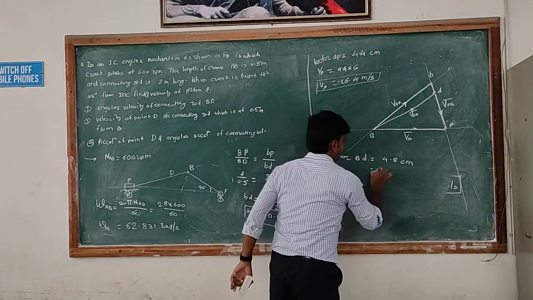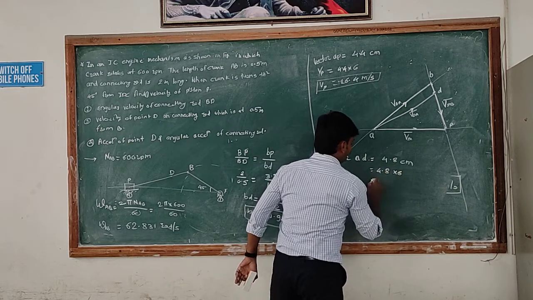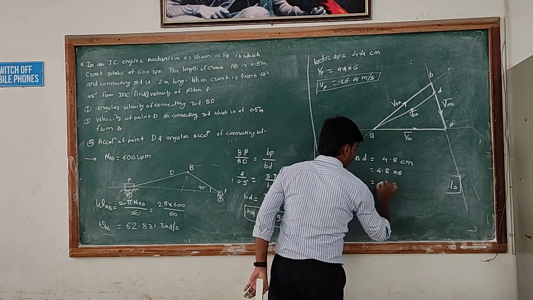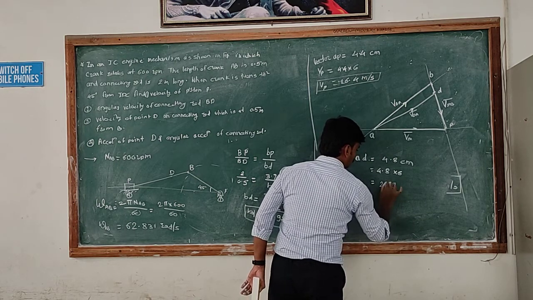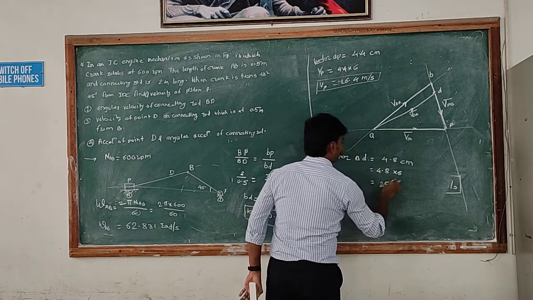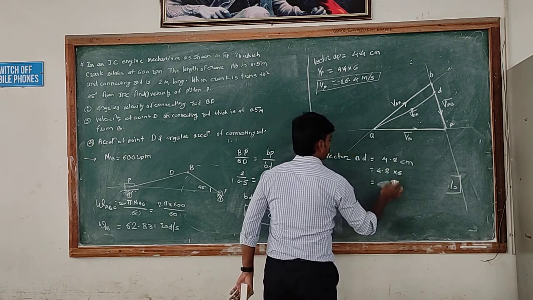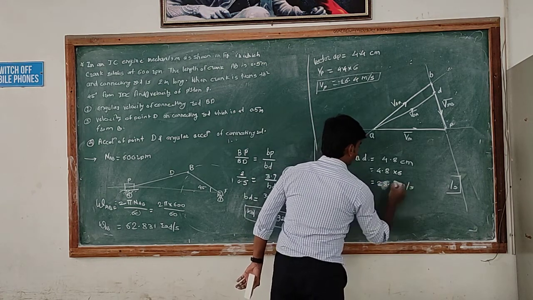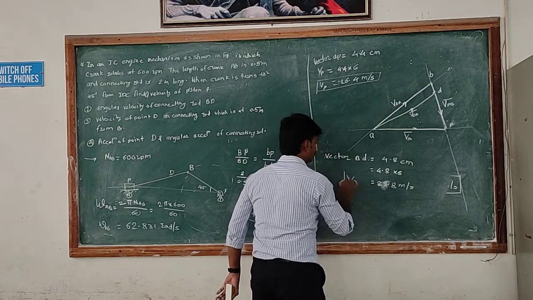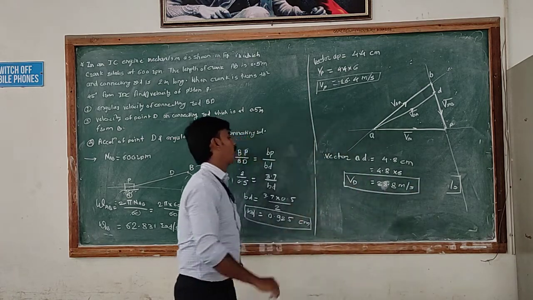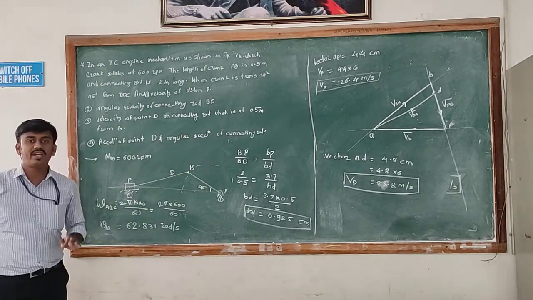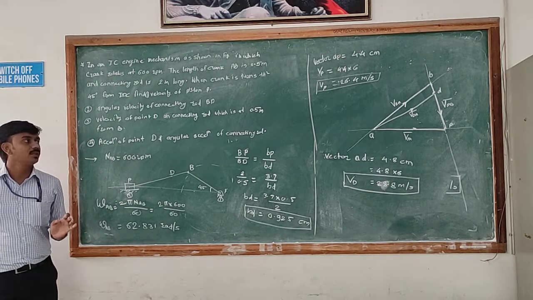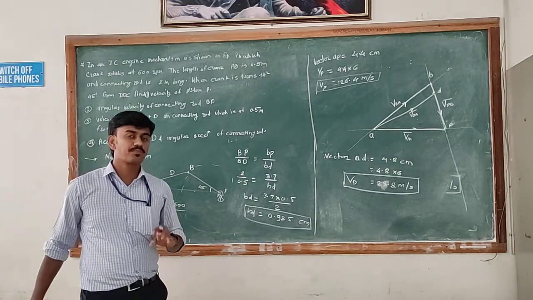Multiply this 4.8 centimeter by the scale, we will get the velocity in meter per second. So velocity of the point D is 28.8 meter per second. Okay.